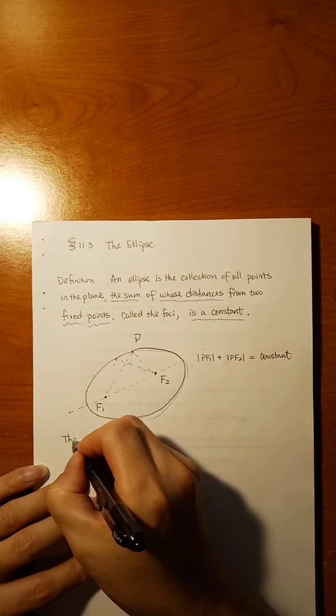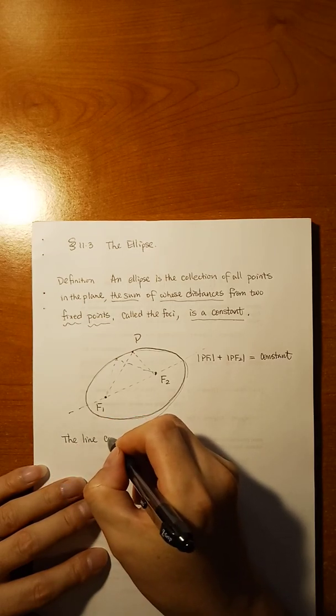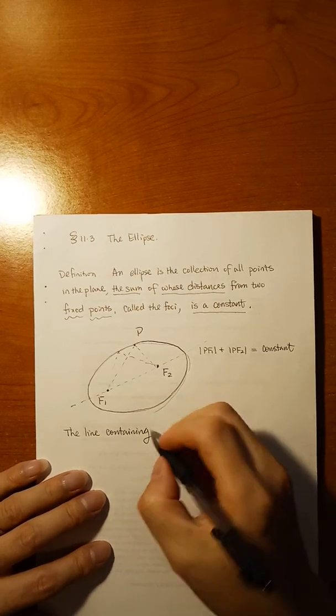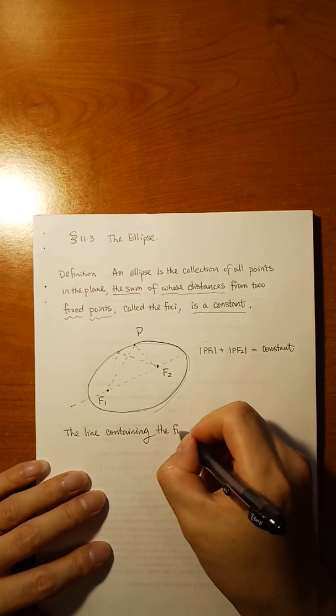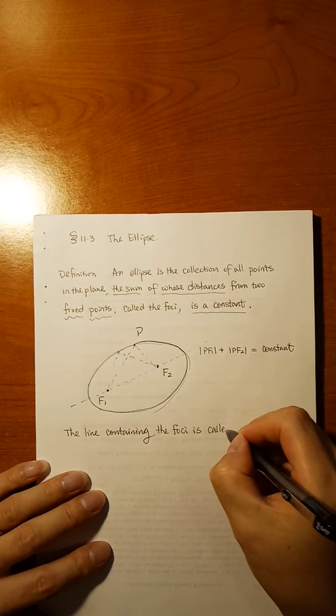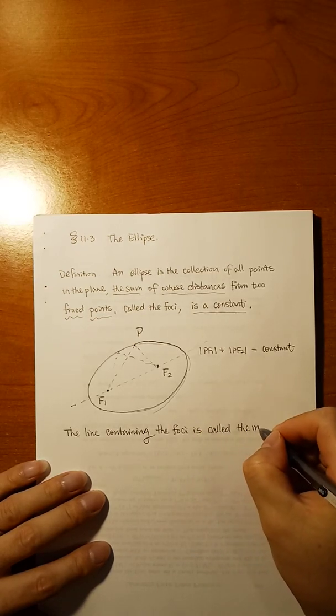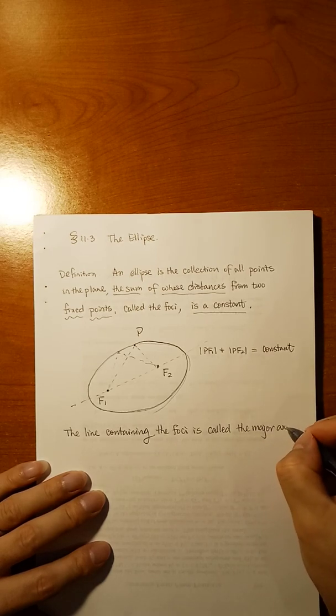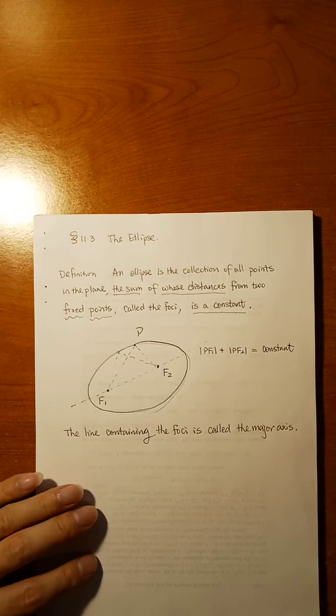The line containing the foci is called the major line, the major axis.